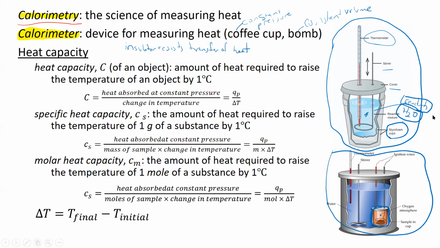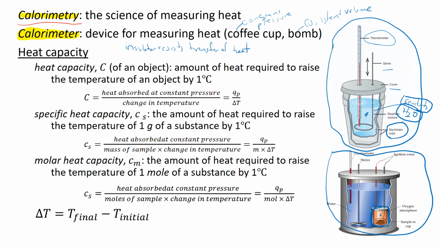And the reason it's constant pressure is if you think about the cover on top of the coffee cup, that cover is porous to air, so air can move in and out of it. So it's always at, say, room pressure. Whereas a bomb calorimeter is in this set volume, and this has to be a very strong container because you're literally blowing something up inside that container. That's why it's called a bomb calorimeter.